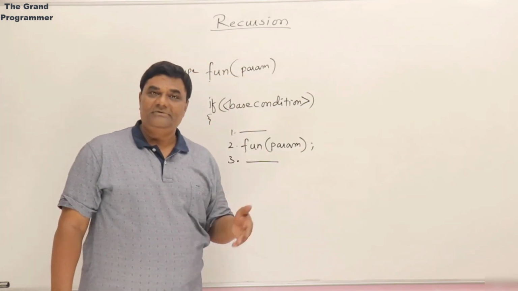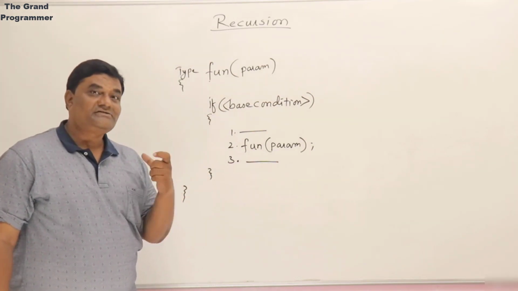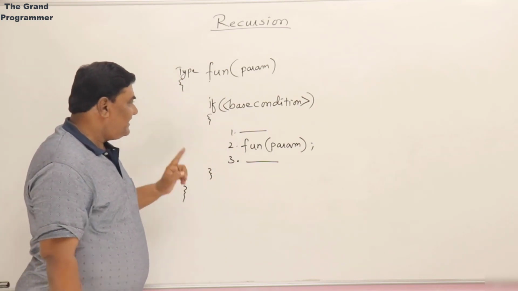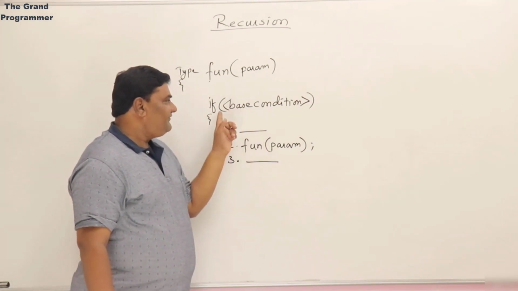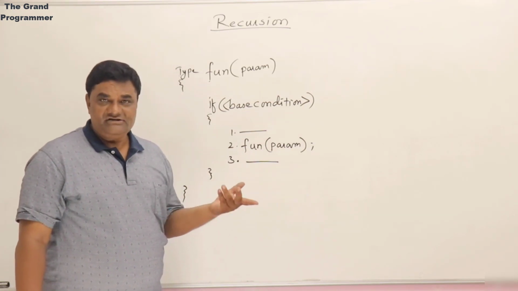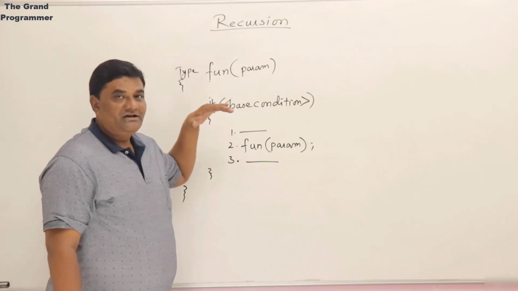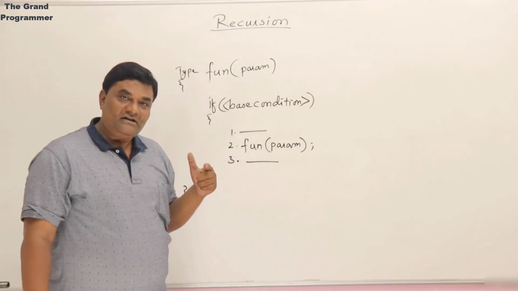So repeatedly it will be calling again and again. There must be some condition at which it must stop. In this example, it will call itself if the condition is true, or it can stop if the condition is true. Whatever it is, at some point it must stop. Here, if the condition becomes false, it will not call further and it stops.